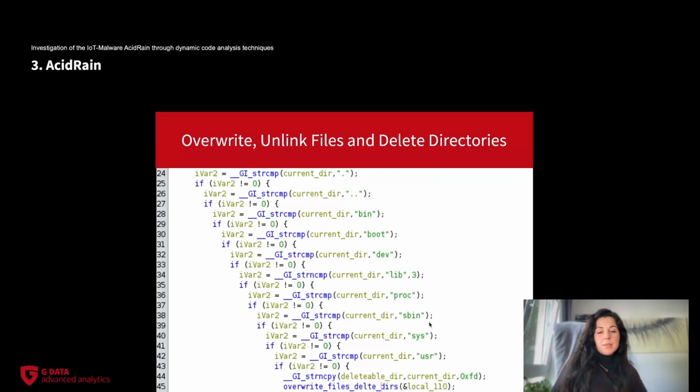These directories are system relevant for the Linux OS. And after the skipping, it collects the information and overwrites the files and deletes all the directories which are not included.